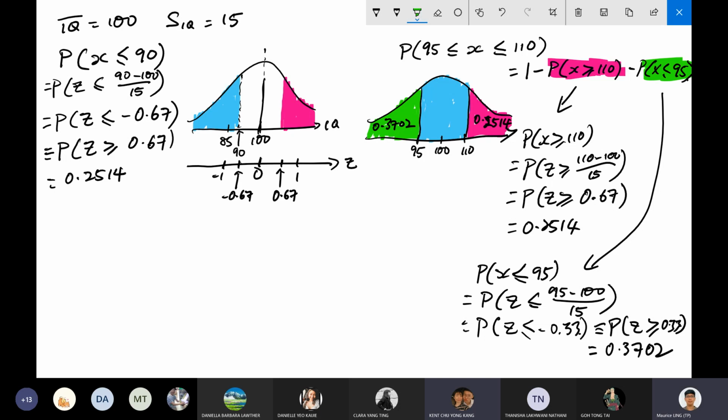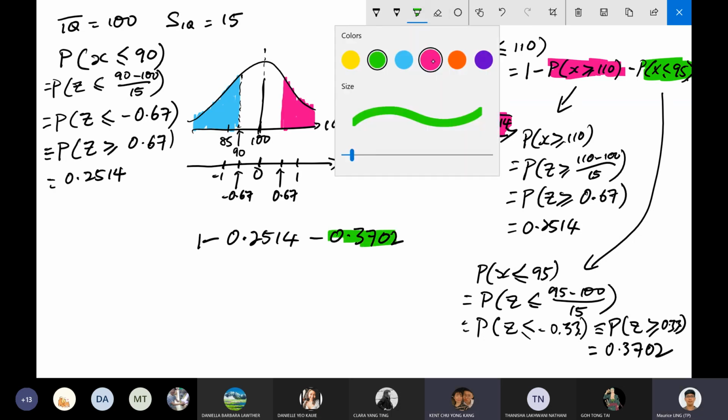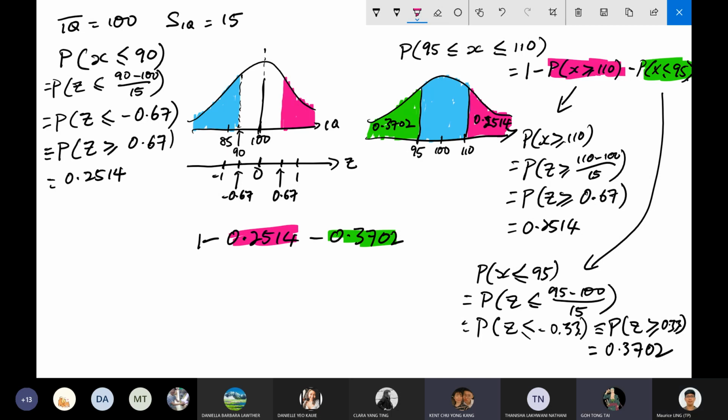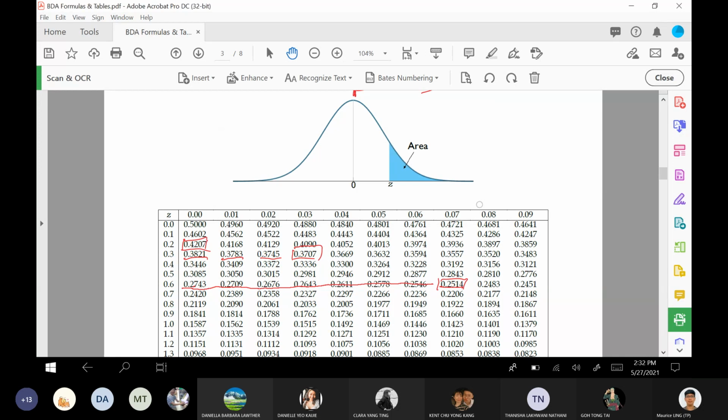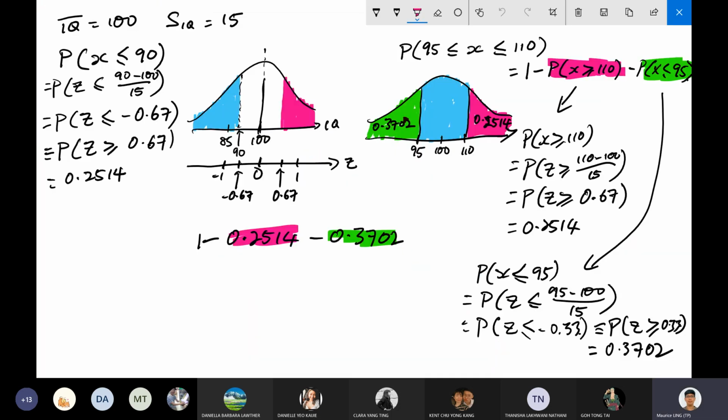So then what is the blue area? The blue area is 1 minus 0.2514 minus 0.3707.